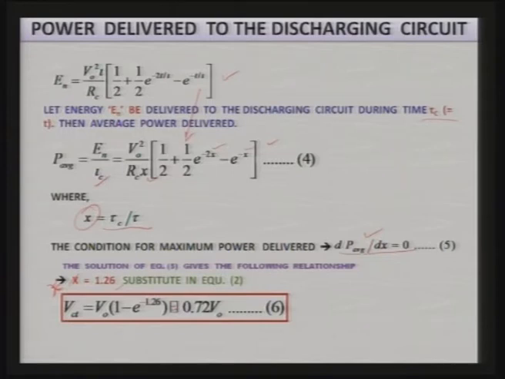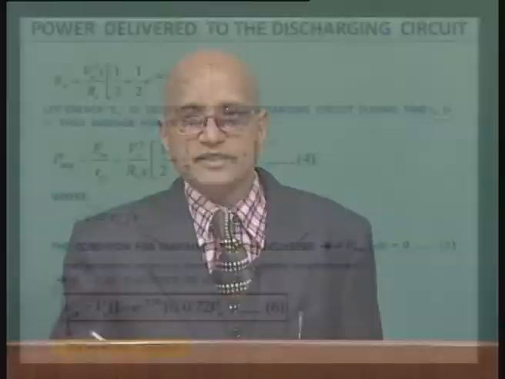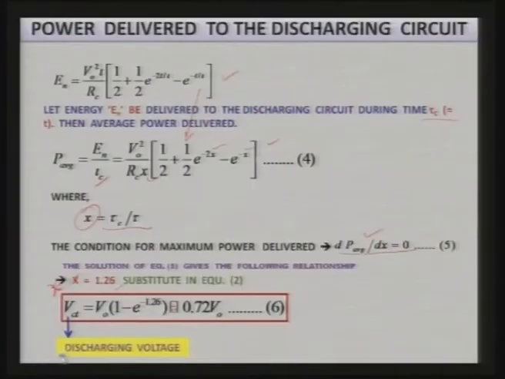That means discharging voltage should be equal to 72% of the supply voltage to get maximum power delivered to the discharging circuit. This is a very important relationship which we are going to use while solving the problems. This is the supply voltage V 0, which is also represented sometimes as V s.